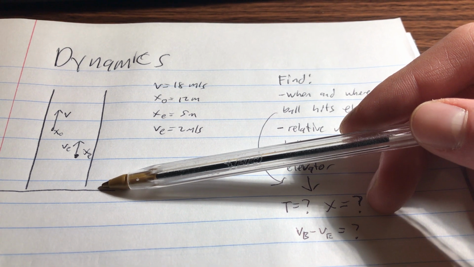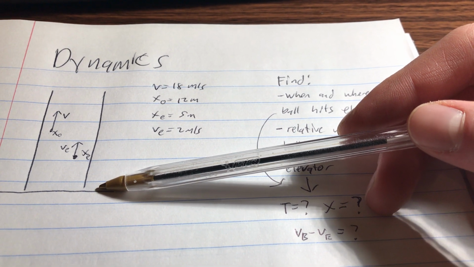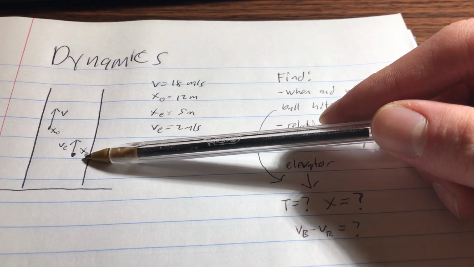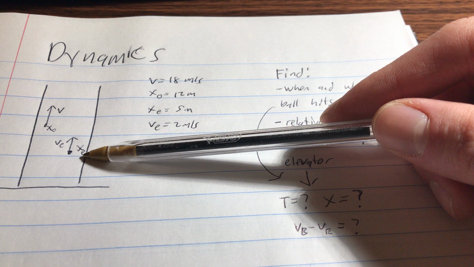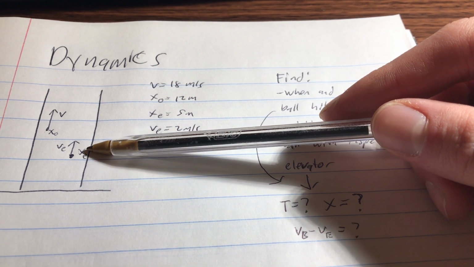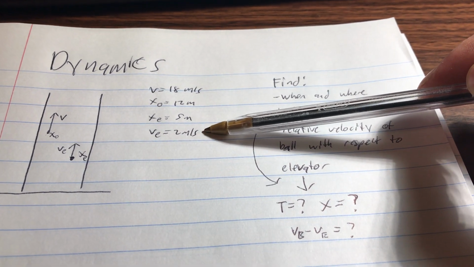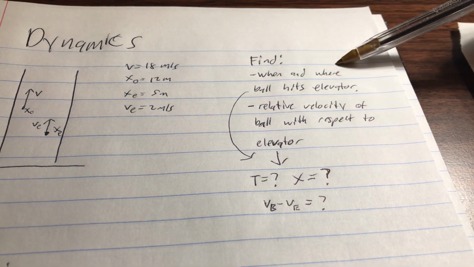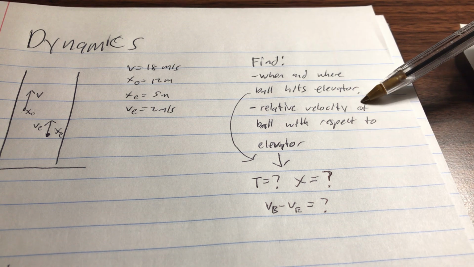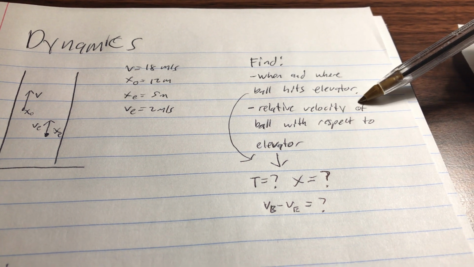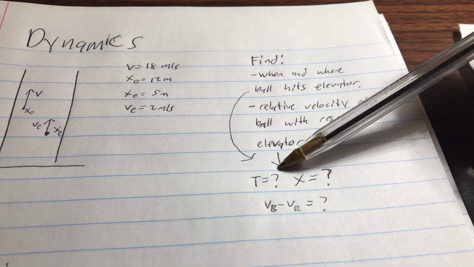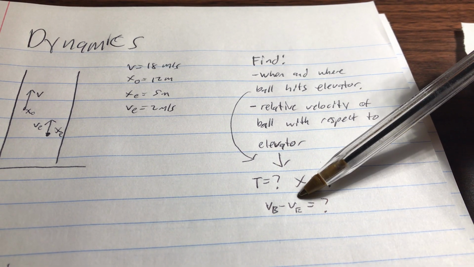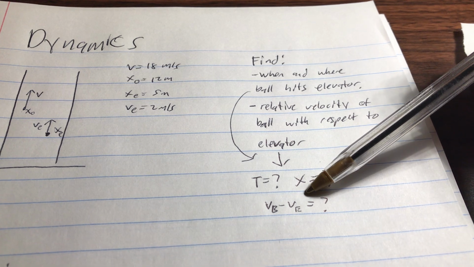At the same instant, an open platform elevator passes the 5-meter level, moving upward with a constant velocity of 2 meters per second. Determine, first, when and where the ball hits the elevator, and the relative velocity of the ball with respect to the elevator. In other words, they want t and x where they meet, and then the relative velocity when they meet.